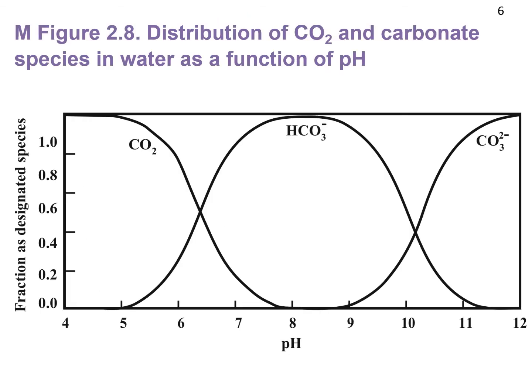Some systems can have multiple pKa's, like the carbonate system. The first pKa in the carbonate system is from carbonic acid to bicarbonate. In this figure from Manahan, it talks about carbon dioxide instead of carbonic acid, but you know those convert. You can see the place where the lines cross, first between carbon dioxide and bicarbonate, right around pH 6.4.